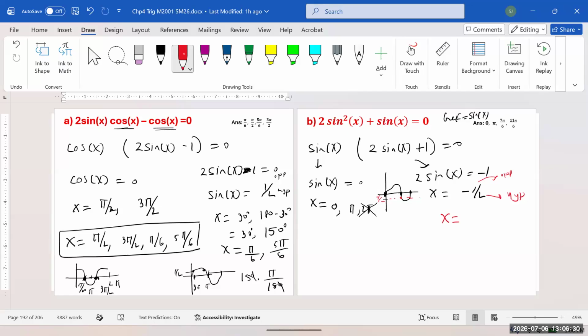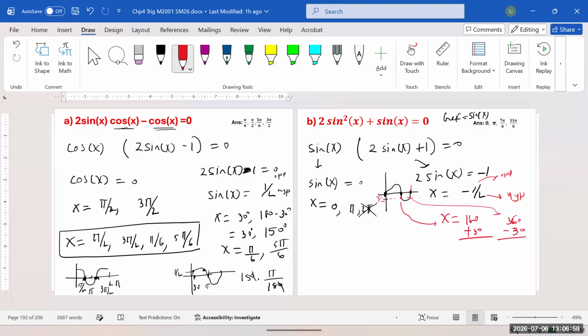But since sine is negative, we're supposed to have 2 answers related to 30 degrees. See here, this is 180 plus 30. And this one is 360 minus 30.